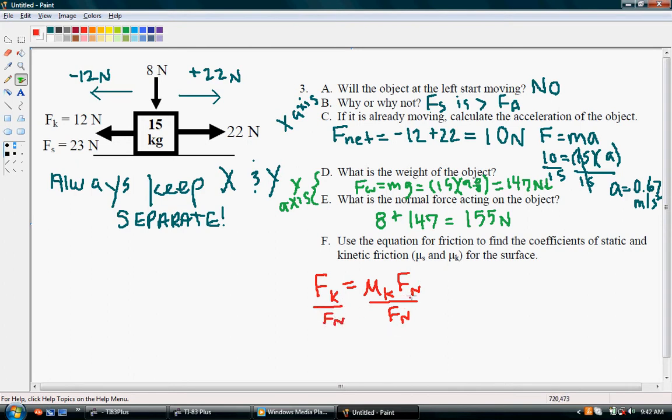Well, Fn over Fn is 1, so we can cancel those out. So what we get is the kinetic friction coefficient, mu k, is equal to the kinetic frictional force over the normal force. We know that the kinetic frictional force is 12 newtons. So here we're going to put 12 newtons.